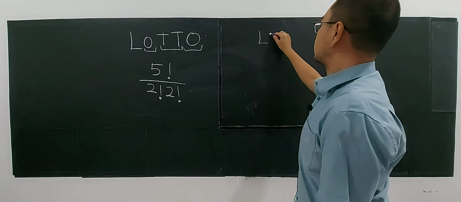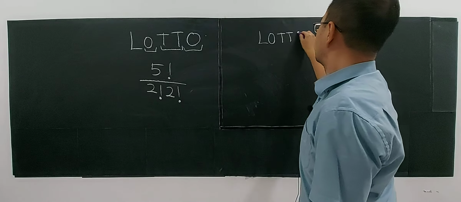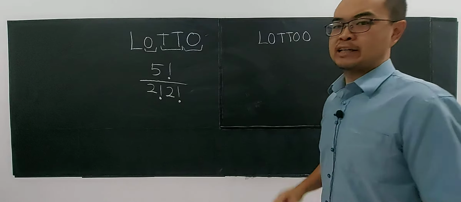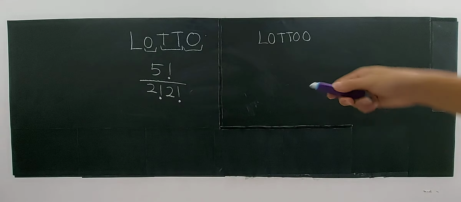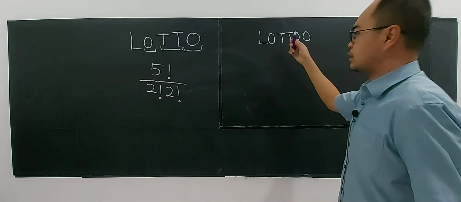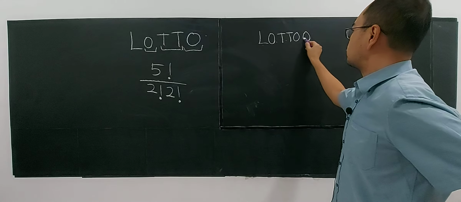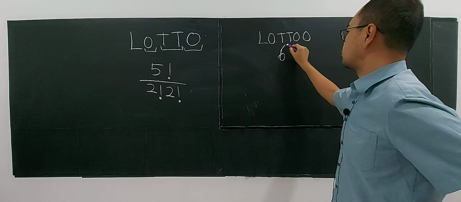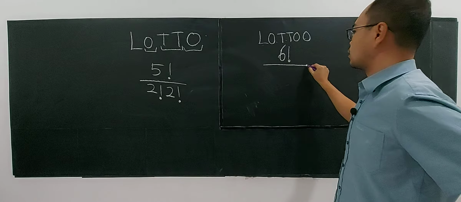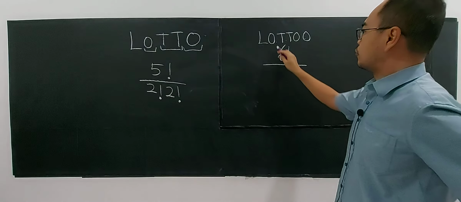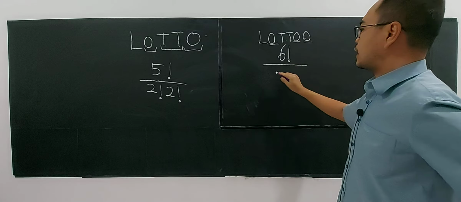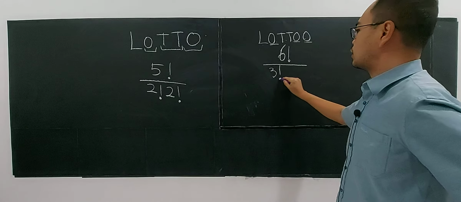But what if there are more? For example, let me give you an example. Suppose you have 6 objects that you are supposed to arrange in a line. But because the O is repeated 3 times, I divide by 3 factorial, not 2 factorial.